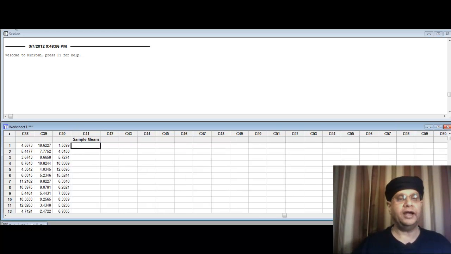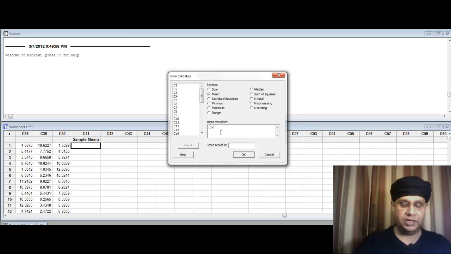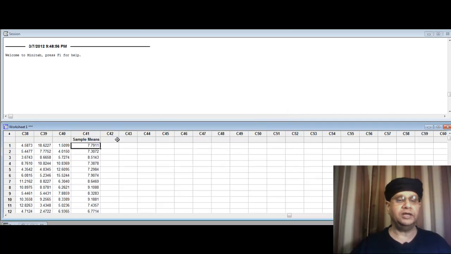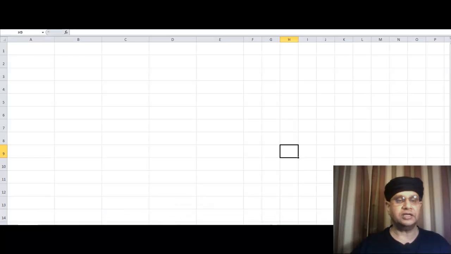And let me quickly do that for you. So we want the means of who? C1 through C40, and then I want to store it in C41. Here we go. And let's take it to Excel.